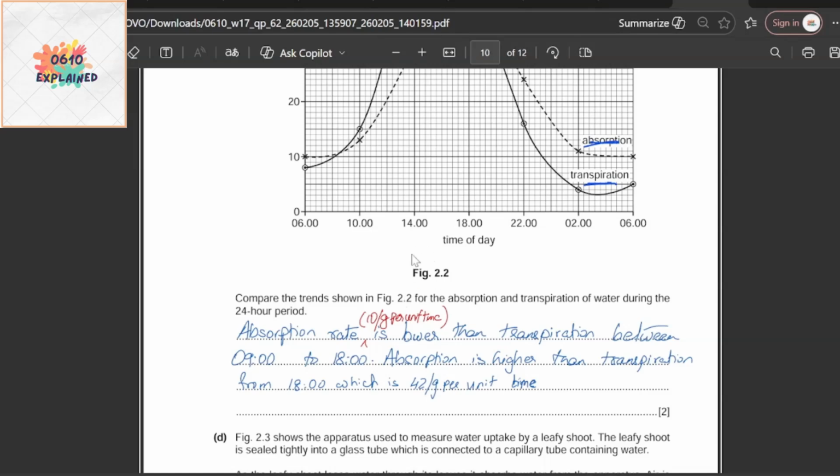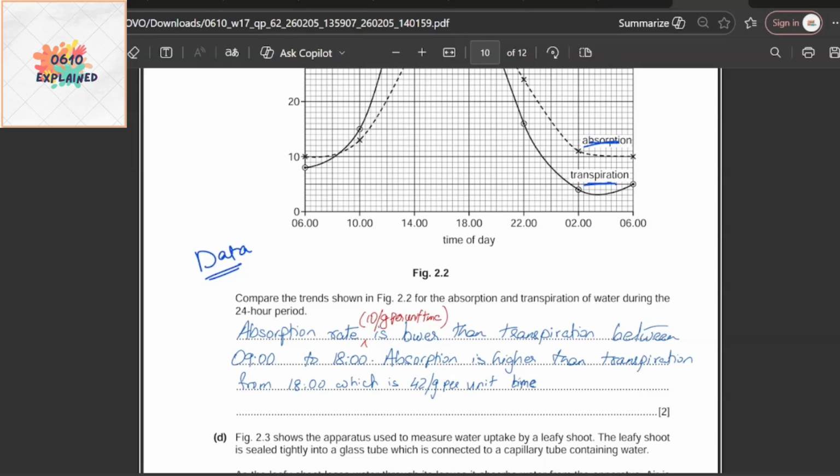Whenever a question like this is provided, it is mandatory for you to use the data from the graph provided. So try and start your answer with a conclusion stating that absorption rate is lower than transpiration at 9 to 18 hours during the day.